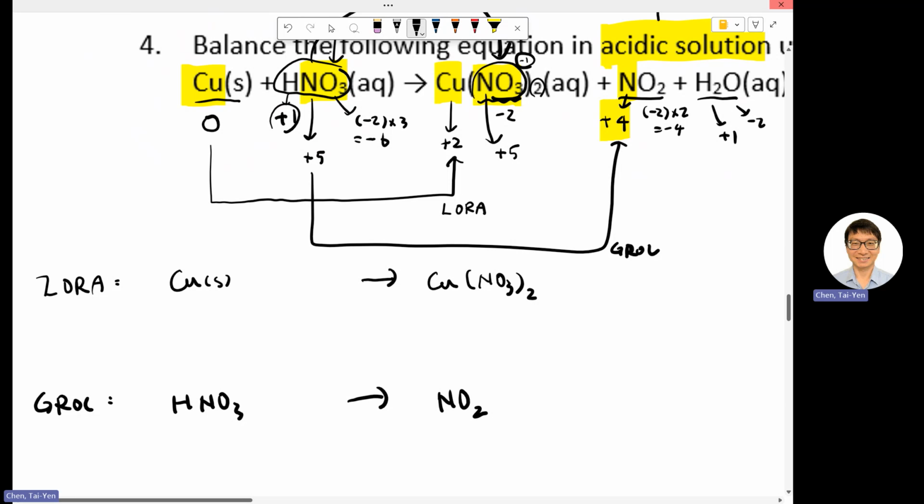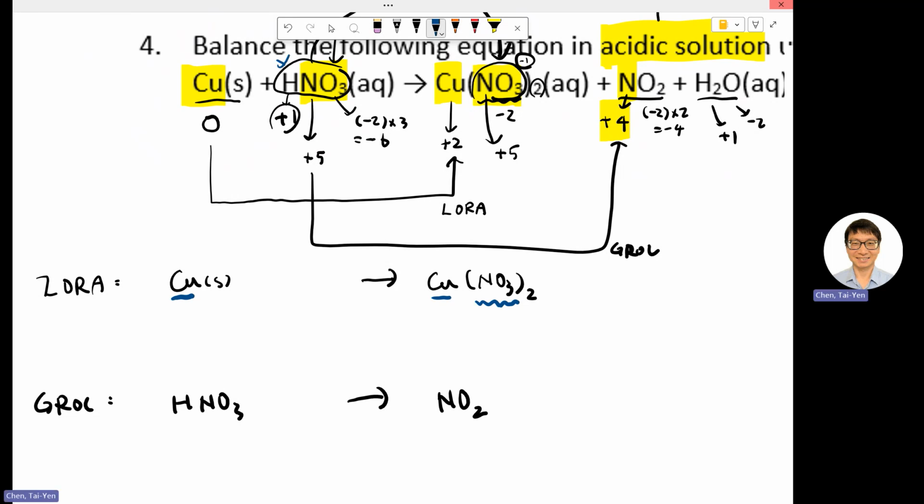Second step is trying to balance the atoms. If you look at your target atoms, one copper here, one copper here, so your copper is already balanced. Then you need to balance the other things. You have NO3 here. To balance this, you need to add in the things that show up on your reactant side.